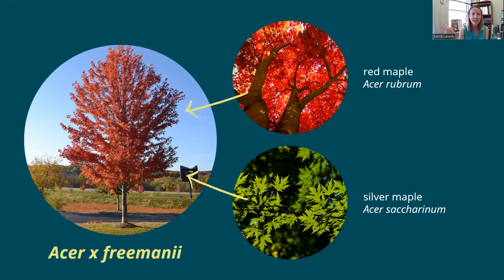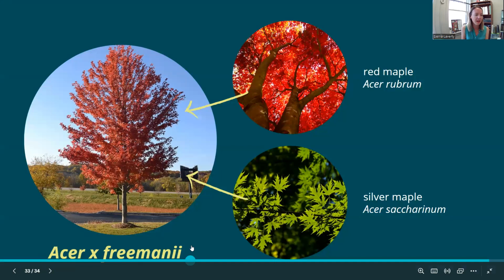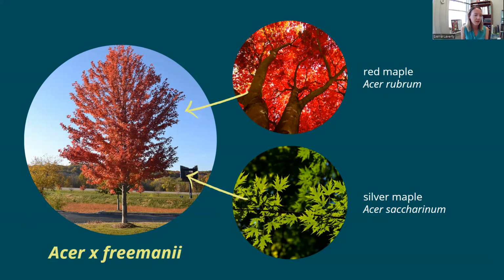If you go anywhere in Eagle, it's there. So Acer freemanii, one of the common cultivars is Autumn Blaze. And how did we get to Acer freemanii? Because this species here was not a species that was around until the early 1900s, like the 1930s.